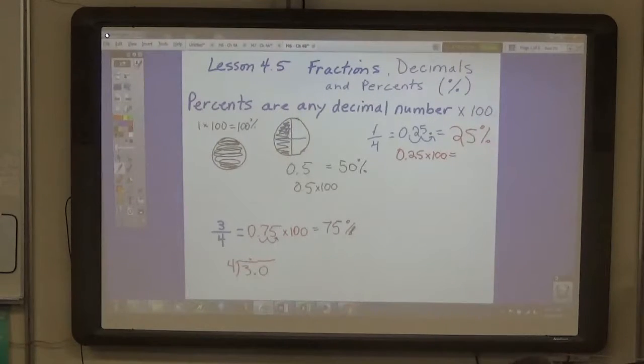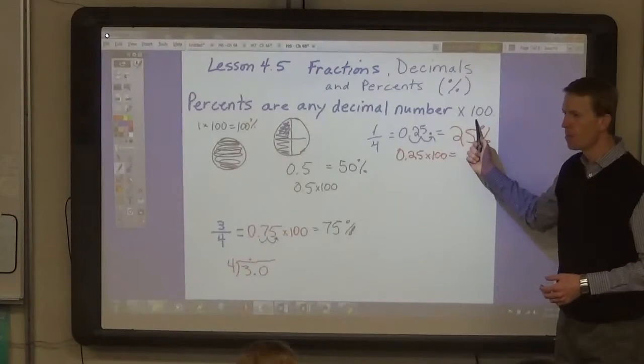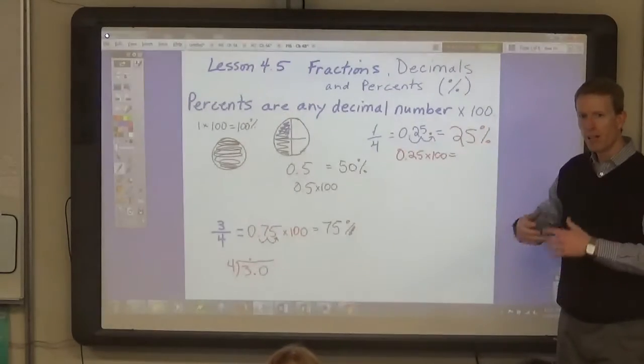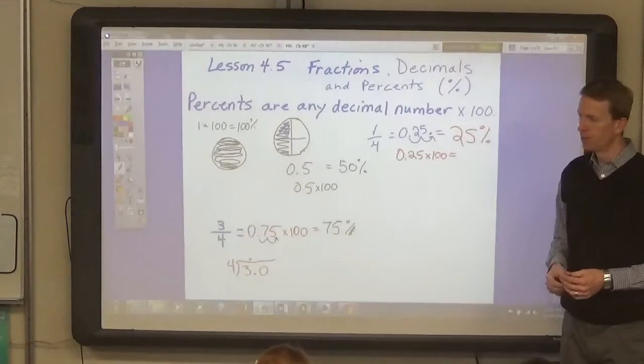A percent is always an amount out of 100. It's an amount out of the whole, or out of 100. So there's 2 ways of saying percent. Percent is a number times 100. In real life, it's an amount out of 100.